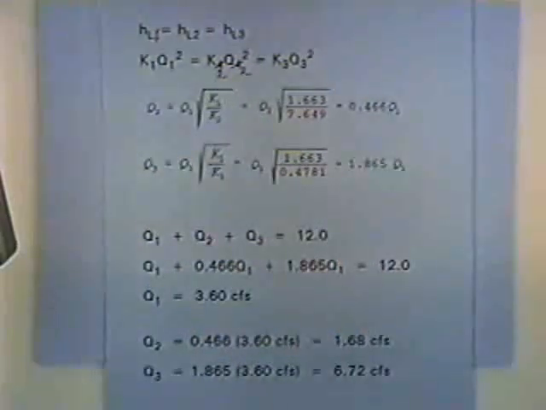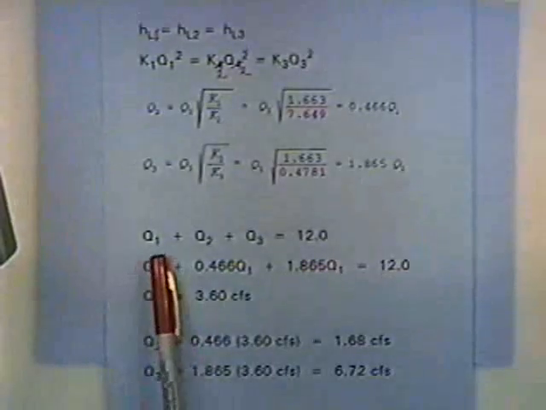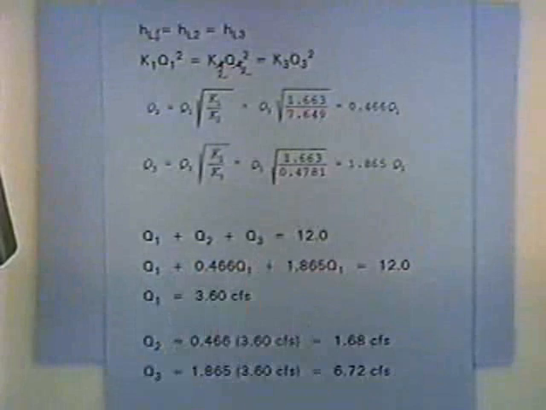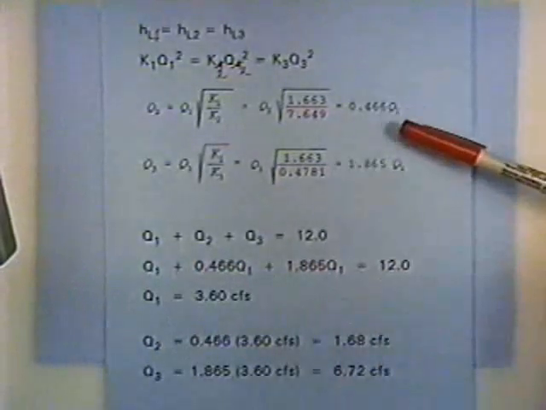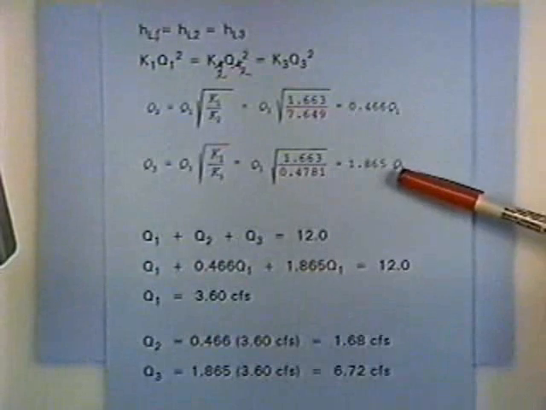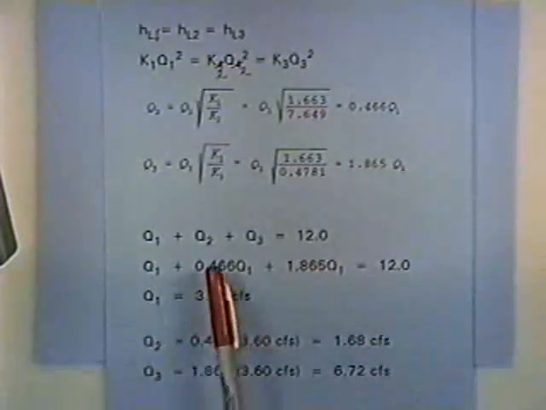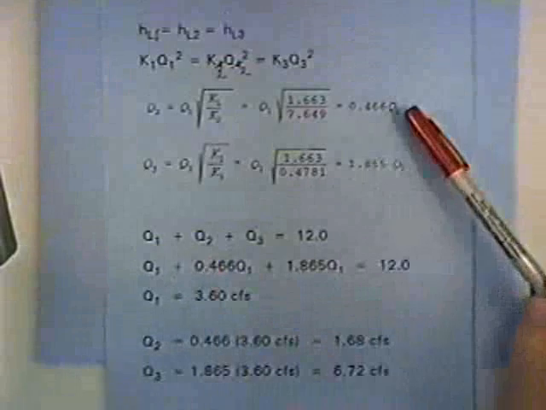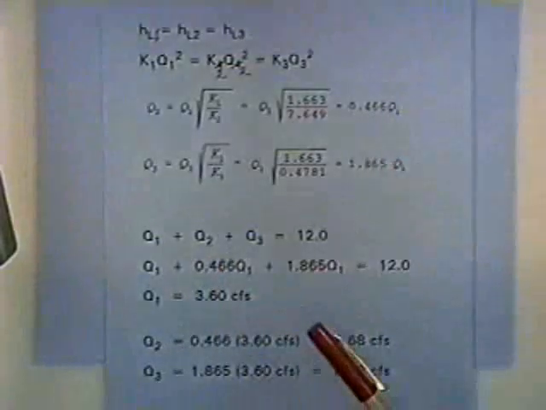as shown here, and then recognize that the total flow, the 12 cubic feet per second total flow, is the flow in the first pipe plus second pipe plus the third pipe. They're pipes in parallel. And having expressed the flow in one pipe in terms of the flow in another pipe, for Q2, plug in Q2 as a function of Q1.